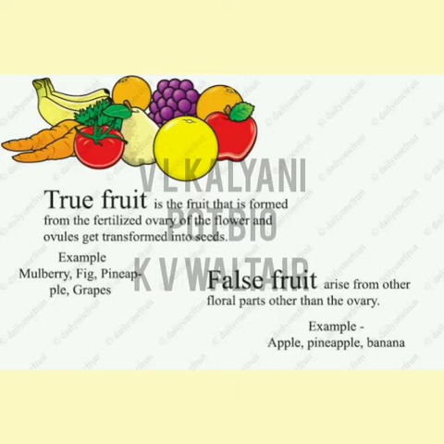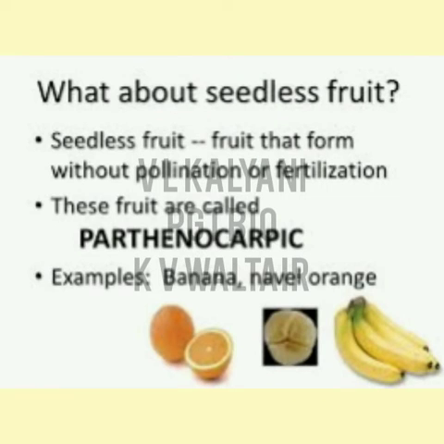And the third type, I told you, is the parthenocarpic fruit. These fruits, children, are formed without fertilization. Normally, after fertilization, the ovary develops into fruit. So when the ovary develops into fruit without fertilization itself, we call it a parthenocarpic fruit.